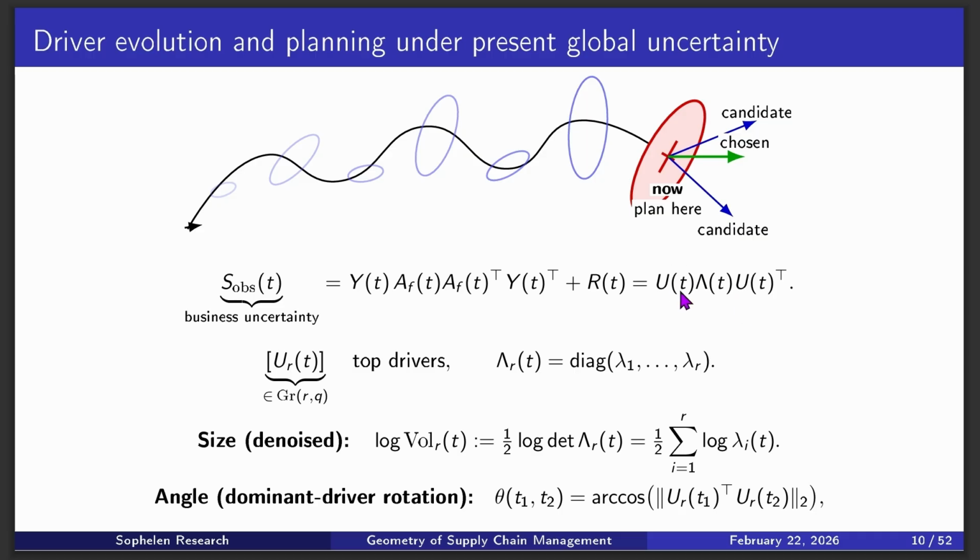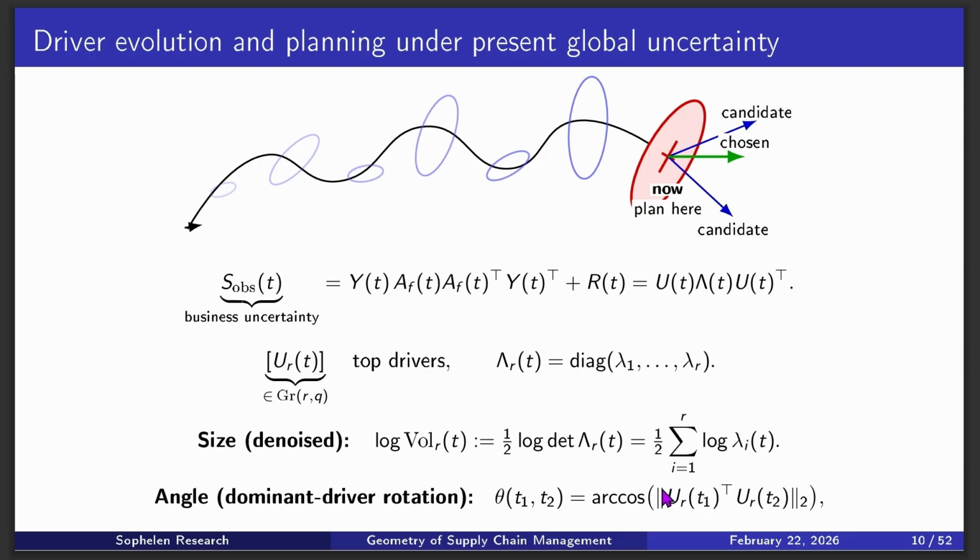Once we decompose that, we choose the top drivers. Let's say the CSO understands that in their supply chain network everything depends on the top 10 drivers. So we just take the top 10 drivers. From that we calculate the volume, and also see day to day how the angle changes.